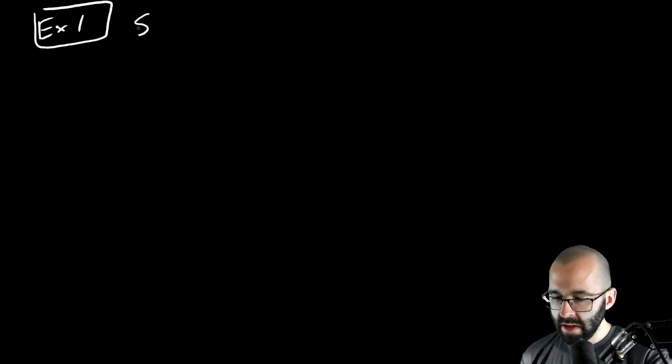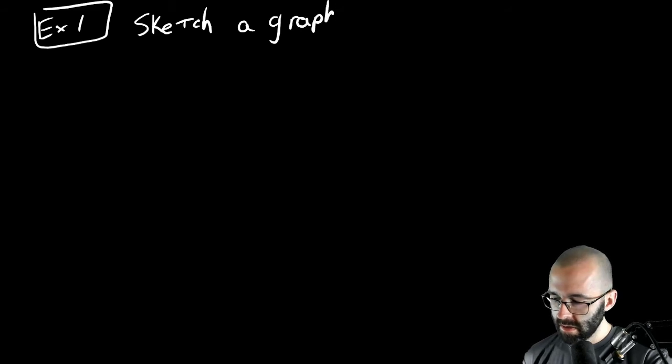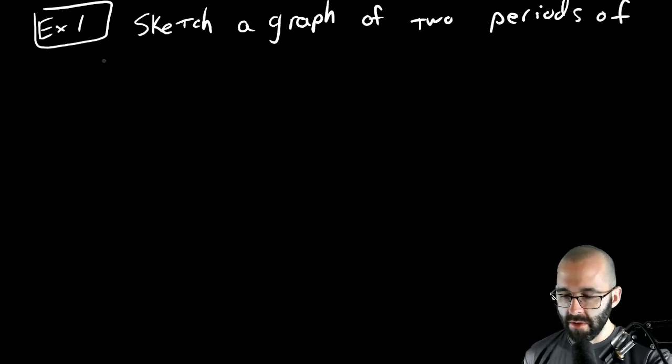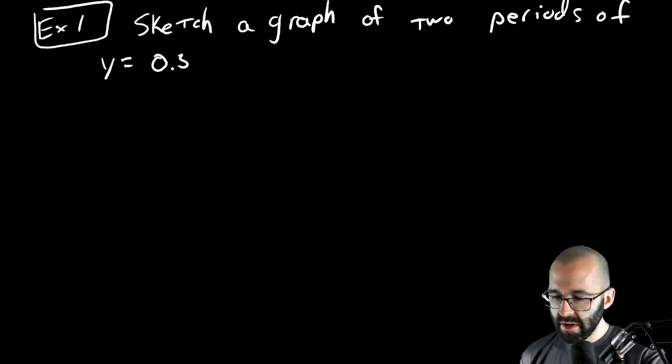Let's do an example. Sketch a graph of two periods of the function y equals 0.5, or 1/2, times the tangent of pi over 2 x.